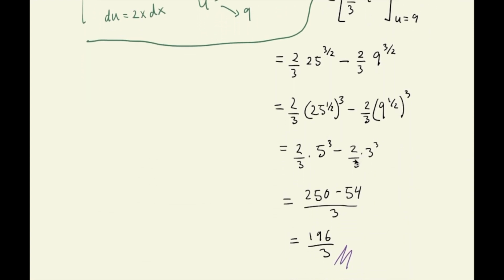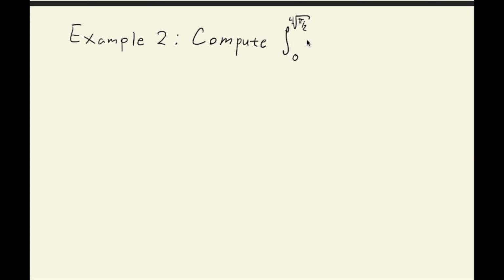Okay, so let's do one more example of one more definite integral. So example 2. Compute. So let's do the integral from 0 to the 4th root of pi/2. It's kind of an odd number, but a weird number, I mean.